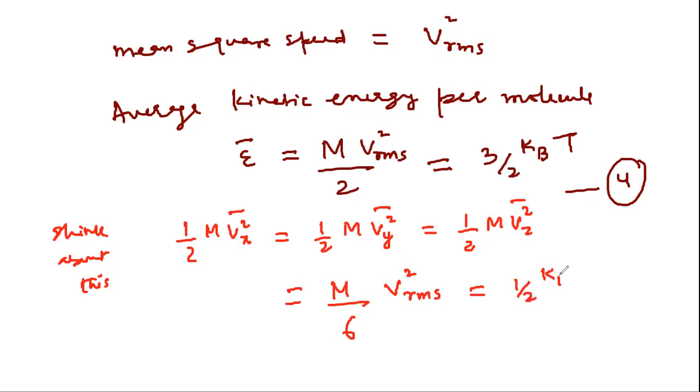You can check it. Because m/6 is 1/3 of m/2 V_RMS square. That means it is 1/3 of 3/2 kT, which is half k_B T, right?